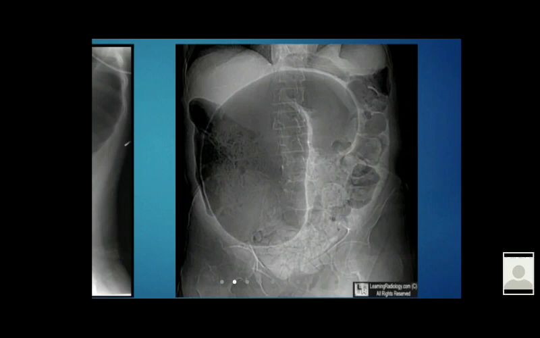After diagnosis and initial resuscitation, hydrostatic reduction with barium enema is the initial treatment. If it fails or there is no reduction, then go for surgery: resection with anastomosis.